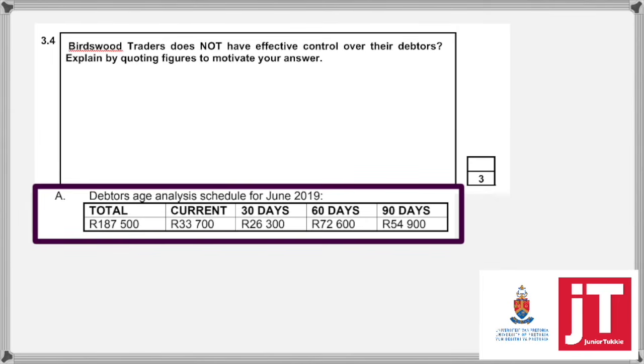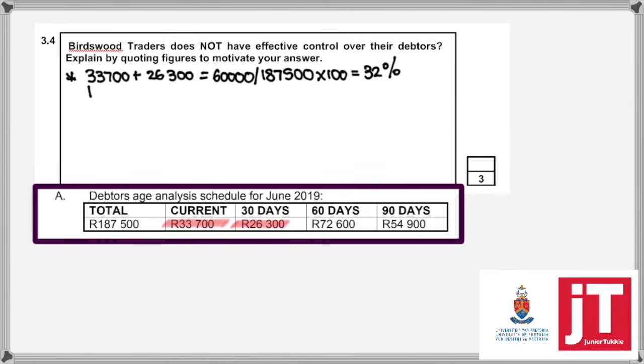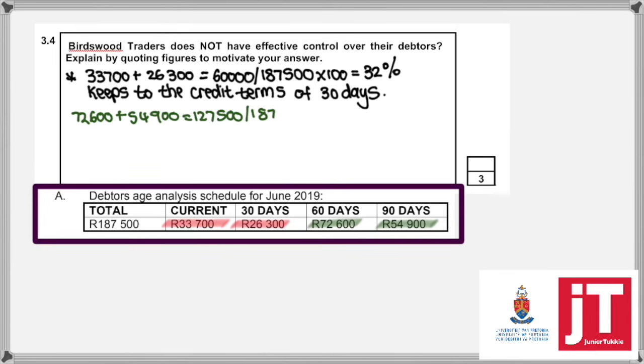So if I now look at the age analysis and I look at current and 30 days, if we add them together and we divide it by the total outstanding debt, it means 32% keeps to the credit terms of 30 days. This means if I take the 60 days plus the 90 days and I add it together, divided by the total debt, it means 68% of the debtors are not adhering to the credit terms.